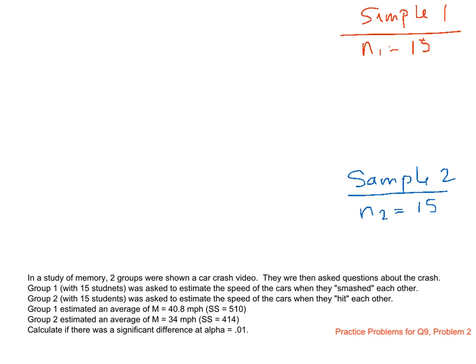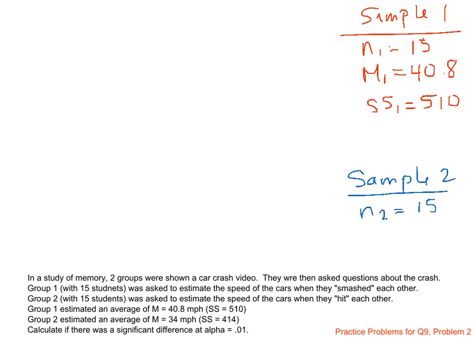Going on, group 1 estimated an average of M equals 40.8 miles per hour. So I'm going to write M1 equals 40.8. And their SS is 510. So SS1 equals 510.